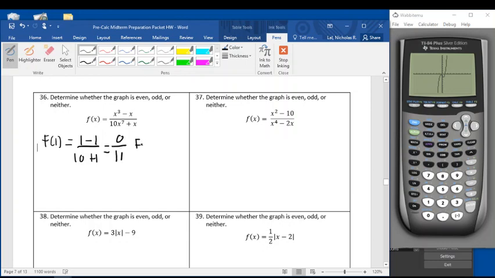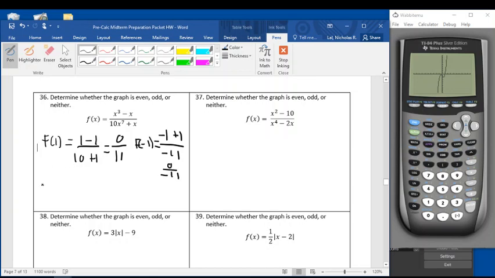And f of negative 1 would be equal to negative 1 cubed, which is negative 1, minus negative 1, which is plus 1, over 10 times negative 1, which is negative 10, plus negative 1, negative 11. So it would be 0 over negative 11.